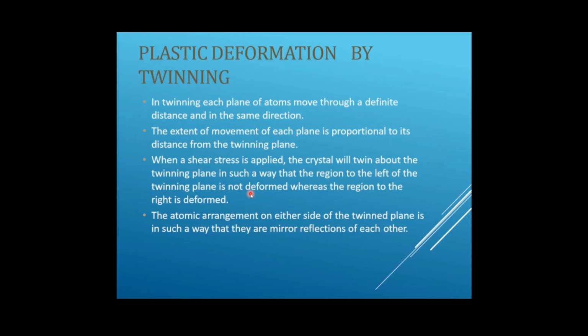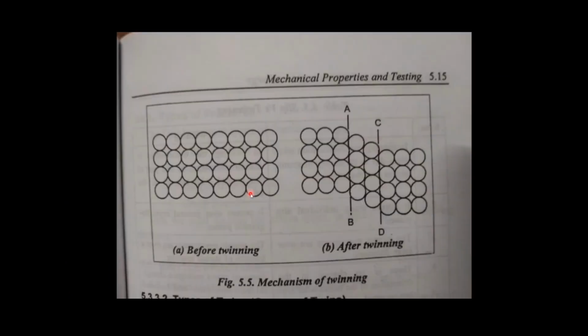In the upcoming diagram, we can easily understand the formation of twinning. This is because of the shear load. The mirror shape of the plane will be dislocated. This is the formation of twinning. Twinning is mainly due to the shear stress.